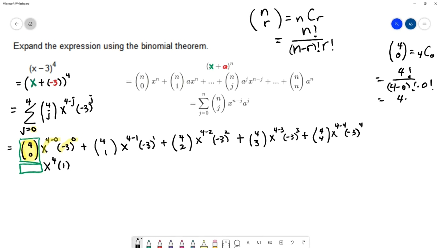And this would be 4 times 3 times 2 times 1 over 4 times 3 times 2 times 1. 0 factorial is defined to be 1, so this works out to be 1. We worked out that combination formula to be 1. So for that first term, we get x to the 4th.